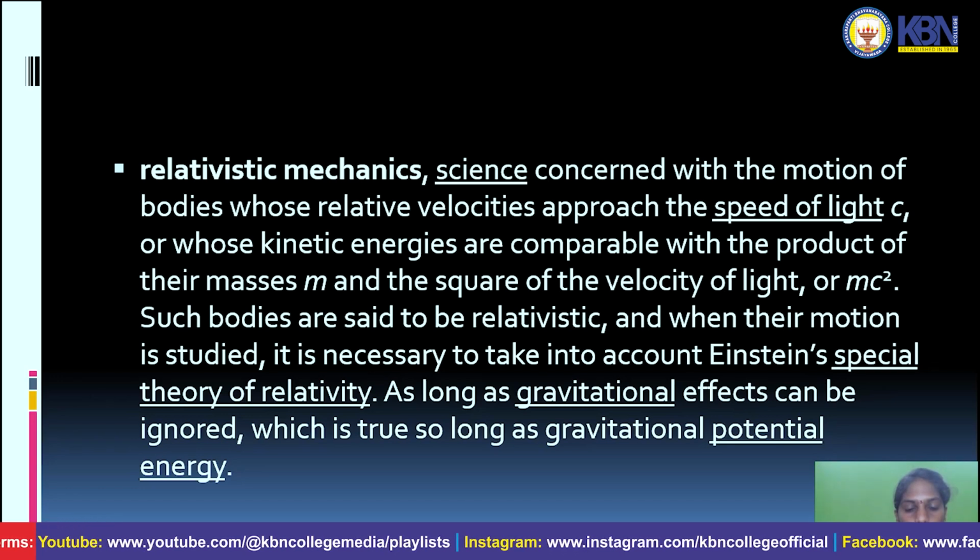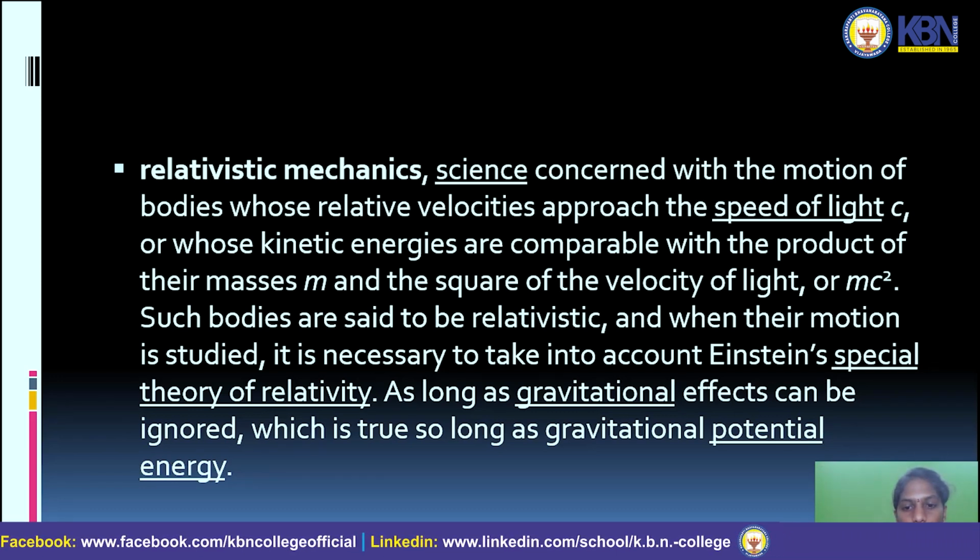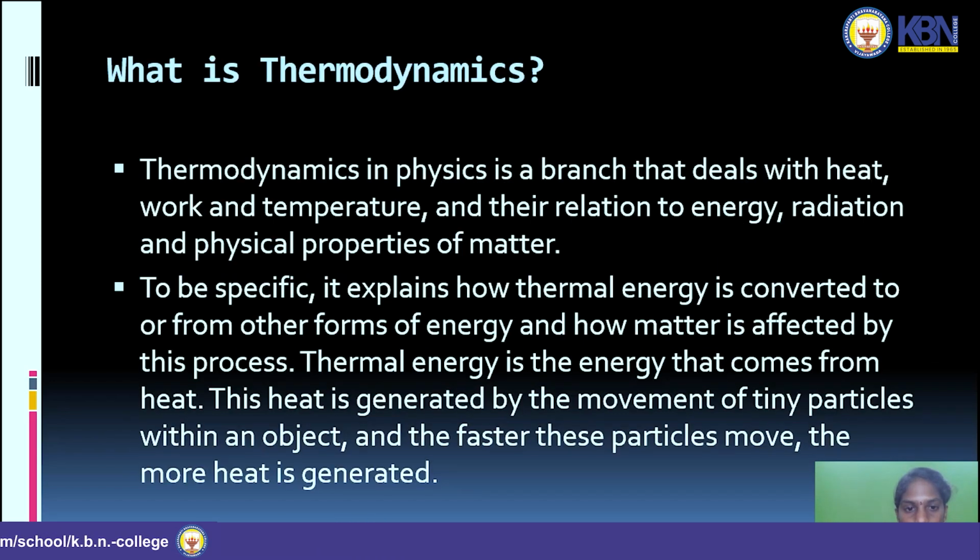Such bodies are said to be relativistic, and when their motion is studied, it is necessary to take into account Einstein's special theory of relativity, as long as gravitational effects can be ignored, which is true so long as gravitational potential energy is small.